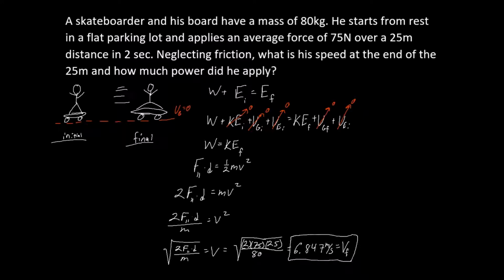Last thing we need to figure out is how much power he applied. So the power is the change in energy divided by the time. The change in energy, we started with 0 and ended up with however much work he put in. There's a couple of different ways that I can do this.